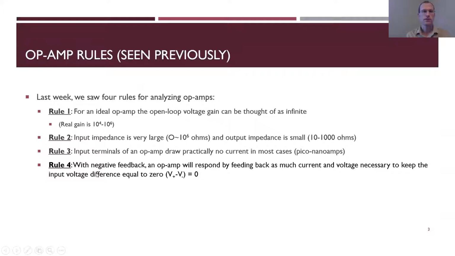And anytime you have negative feedback, the op amp responds by driving those two voltages to be the same, so V plus minus V minus equals 0, or V plus equals V minus. Same deal there.